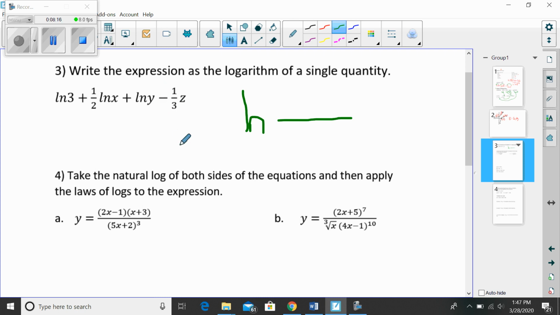Okay, so take a minute and try to decide what got multiplied, what is in the denominator of my quotient, and what are the exponents, if any, or roots. Okay, so take a minute.